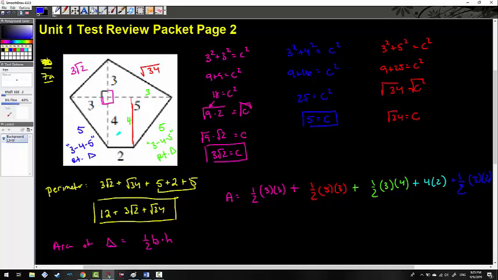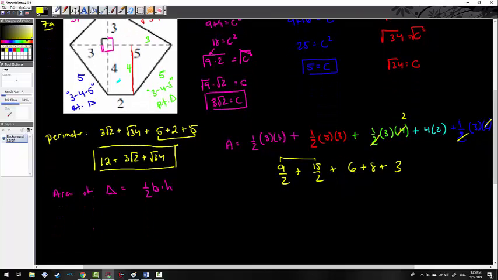And now we have to add some stuff up. So how do we do that? This is going to become 9 over 2 plus 15 over 2 plus, these guys can cancel, leaving me with a 2 here. That gives me 6 plus 8 plus, those guys can cancel, thank goodness, for a 3. 15 and 9 are going to combine out to become, I believe, 24 over 2, which becomes 12 plus 6 plus 8 plus 3.